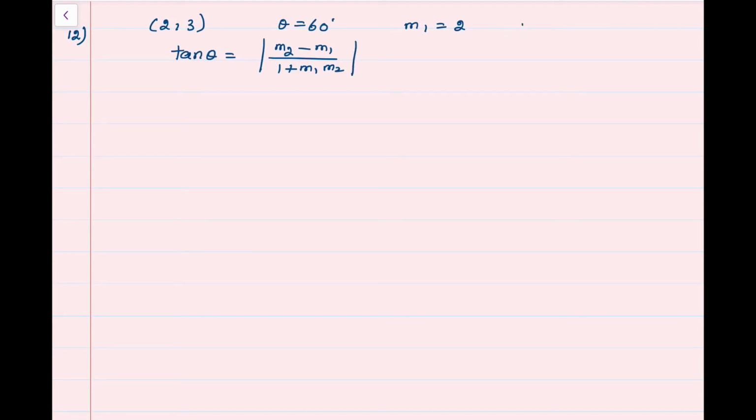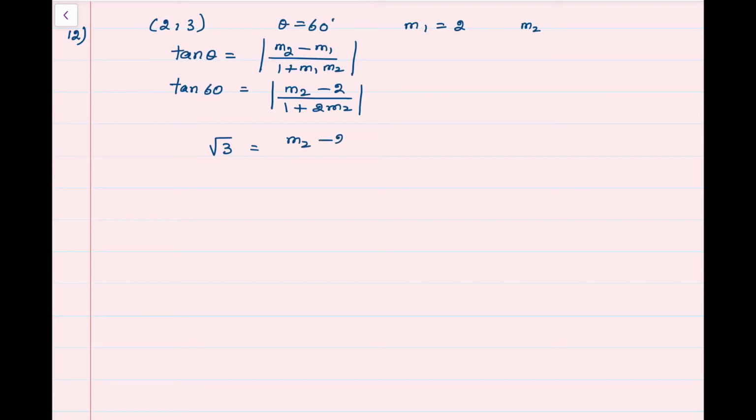We will take the slope of the second line as m2. Tan 60 is equal to the absolute value of (m2 minus 2) divided by (1 plus 2 times m2). And the tan 60 value is root 3.